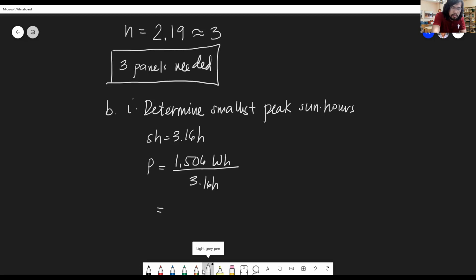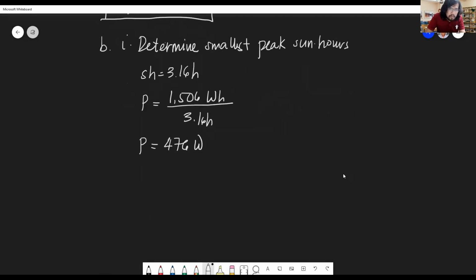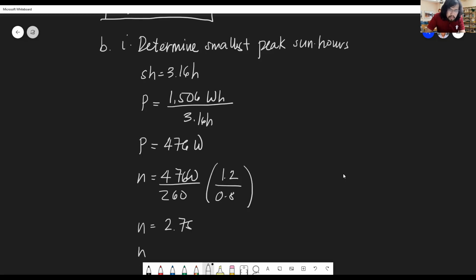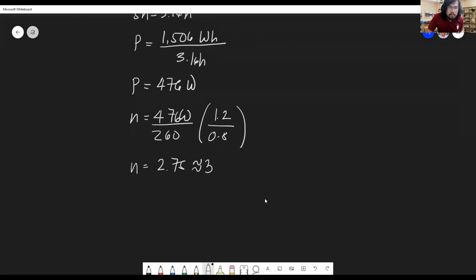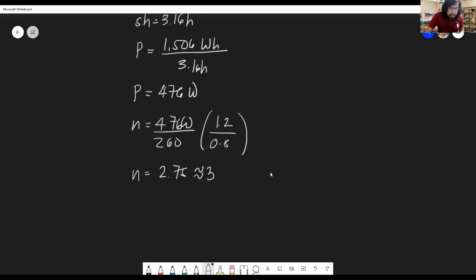This time it's 476 watts, and 476 watts will be divided by the 260 and multiplied by 1.2 over 0.8, and we get the value of 2.75, which is approximately 3. And that is the final answer.